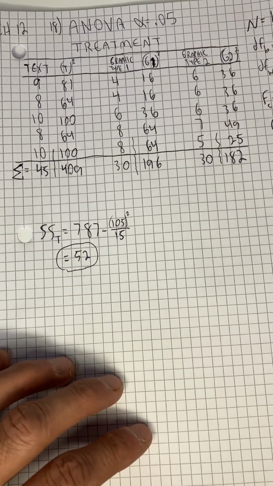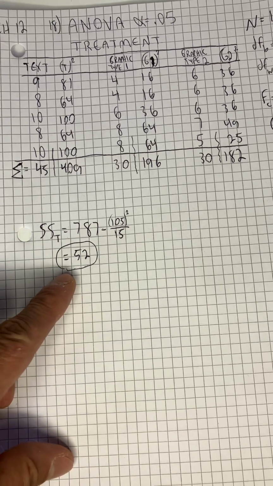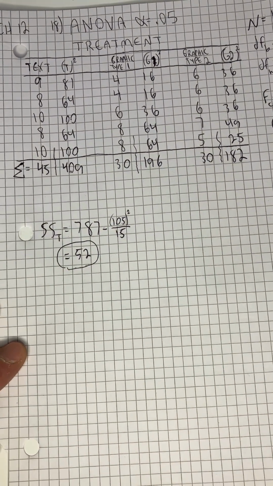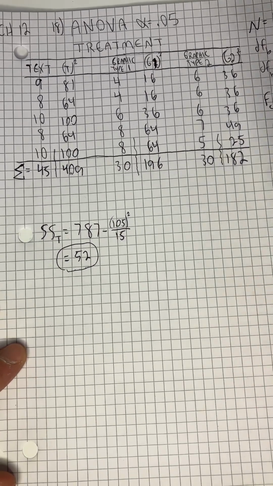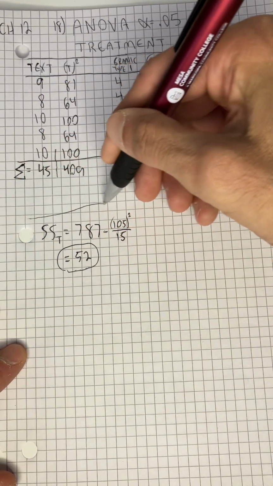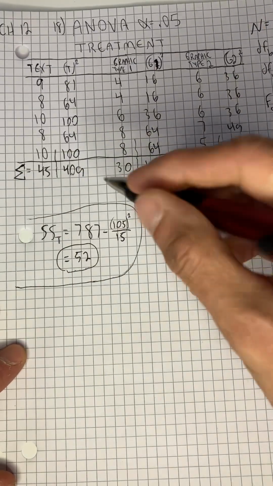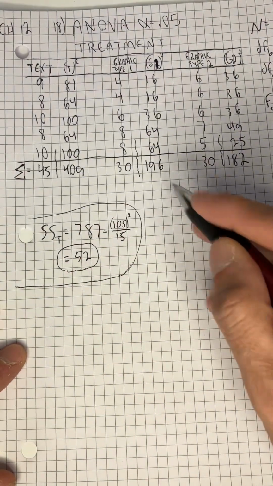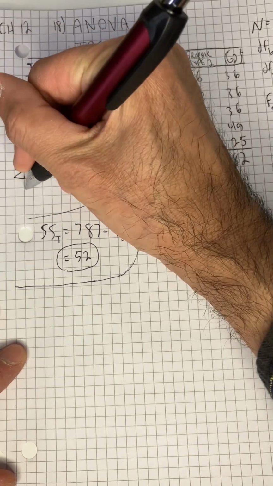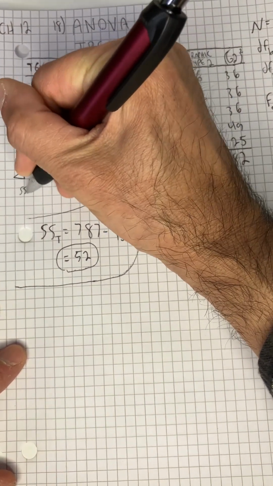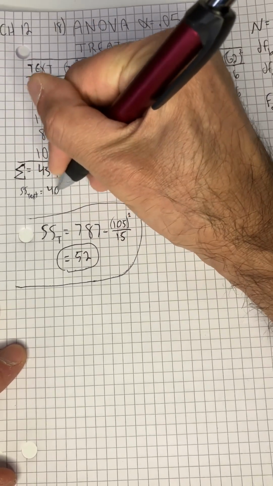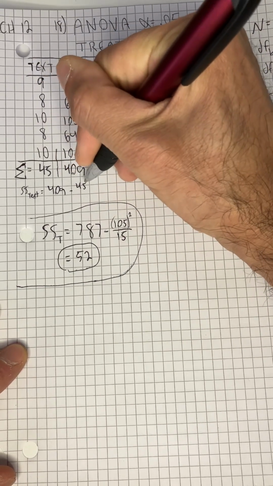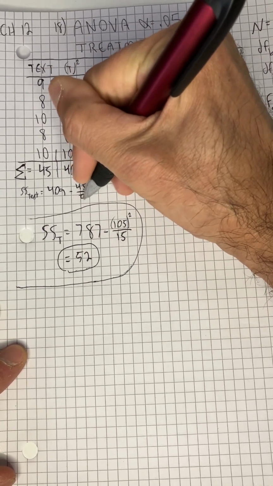Then we can partition this into the sum of squares between and sum of squares within. To find the sum of squares within, we're finding the sum of squares of each group and then adding those. So we find the sum of squares text: 409 minus 45 squared over 5.